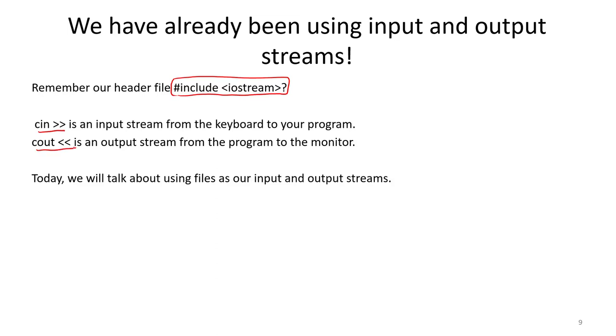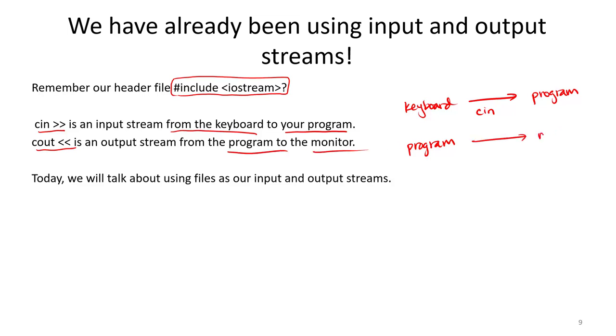Cin is an input stream that sends data from the keyboard into our program. And cout is an output stream that sends data from the program to the monitor.